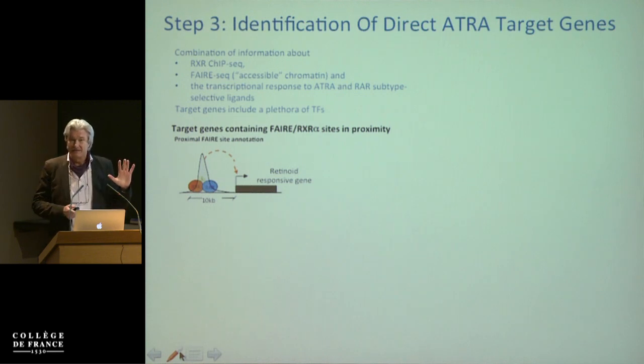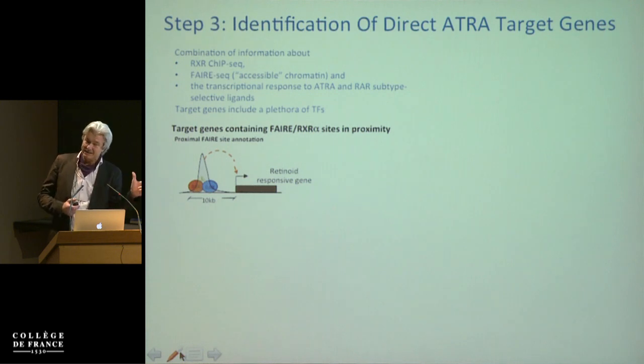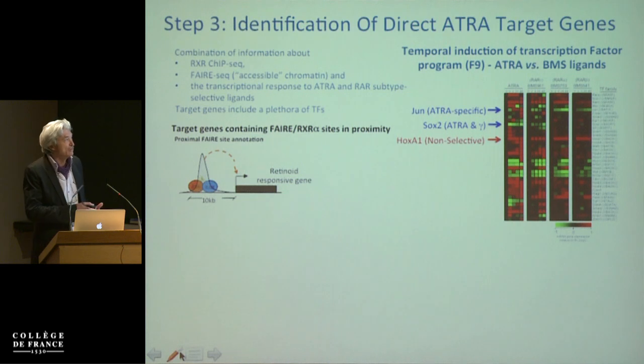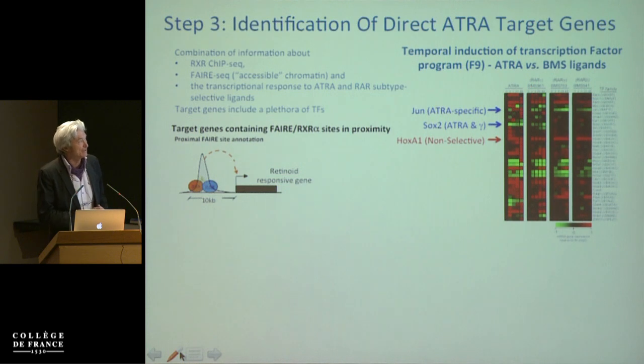I have to tell you that the retinoic acid receptor is not a single receptor, but it's actually a dimer of RXR and RAR. And on top of it, there are 3 RXRs, alpha, beta, gamma, and 3 RARs, alpha, beta, gamma. So what we are doing is we use RAR selective ligands and compare them with all-trans retinoic acid. So ATRA is all-trans retinoic acid.